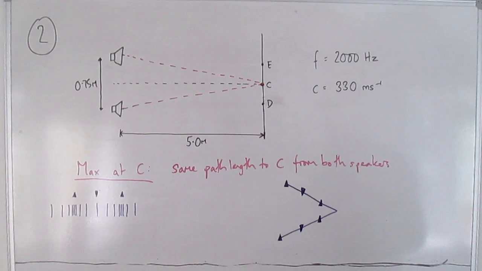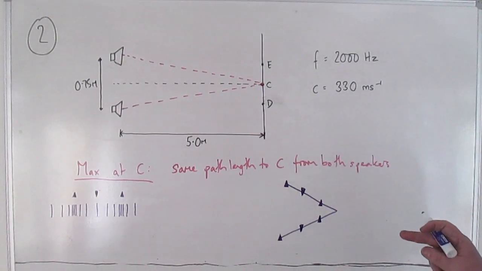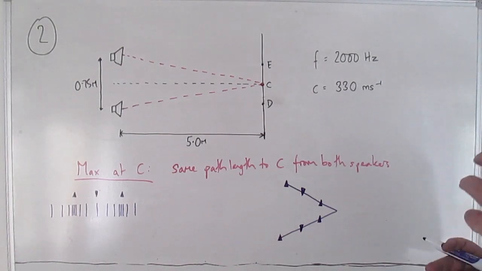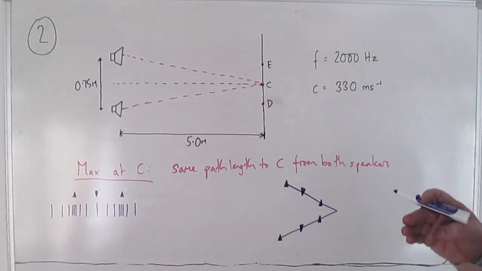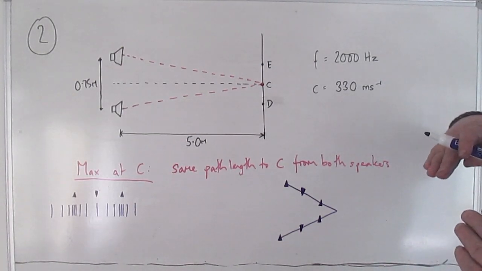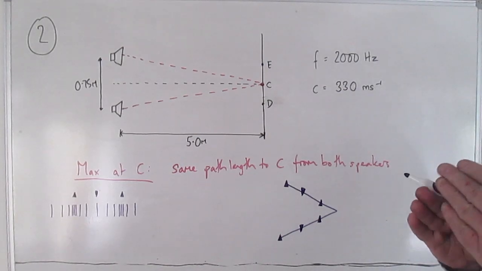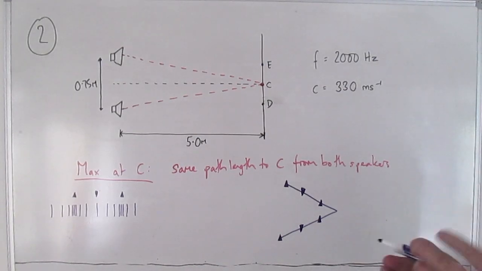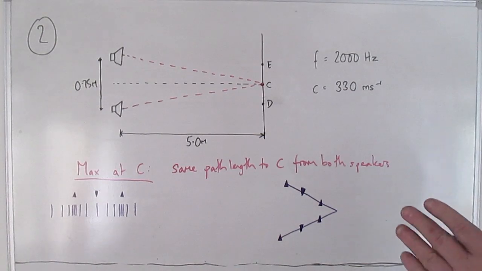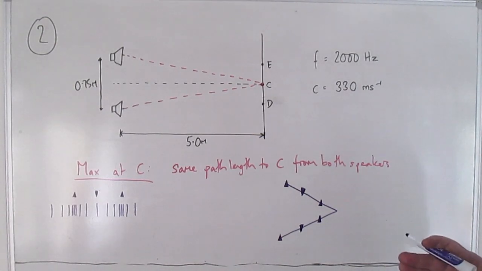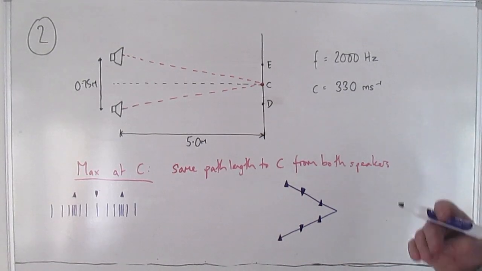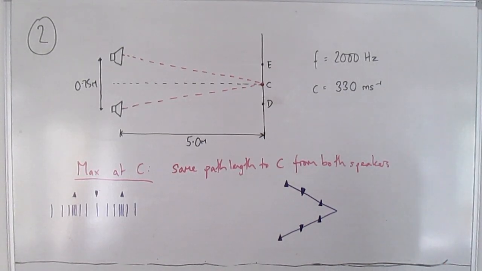So if two path lengths are the same, or if they differ by a whole number of wavelengths, then when they arrive at the same point, you'll get constructive interference. On the other hand, if they're half a wavelength apart, then you'll get destructive interference, and then you'll get a minimum in displacement at that point.